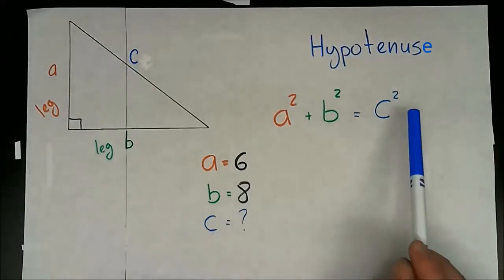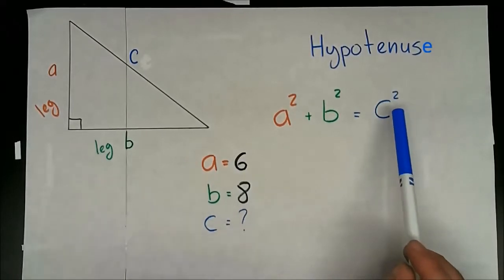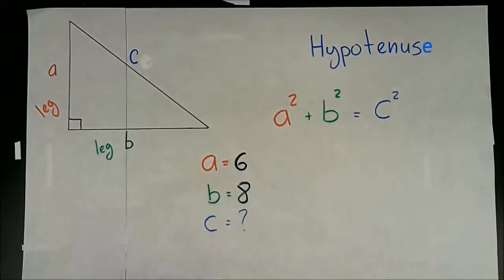Now, I have this nifty little formula that helps me do that, the Pythagorean theorem. And I have two sides. I have all the ingredients I need to find the longest side.